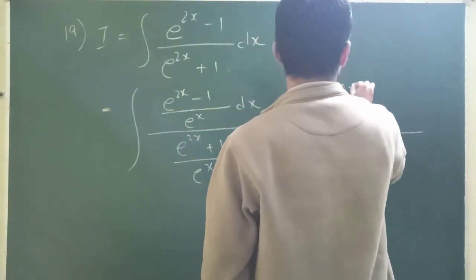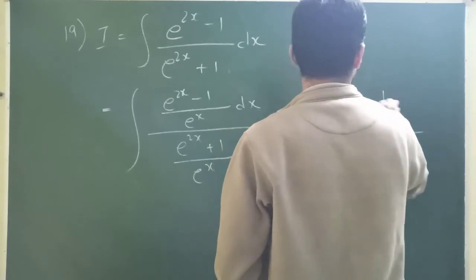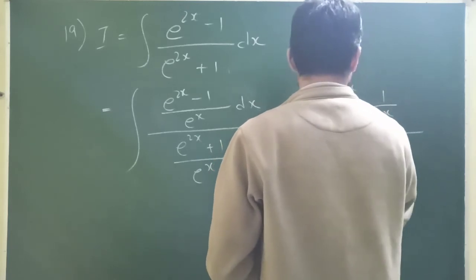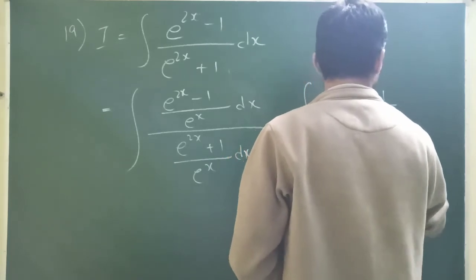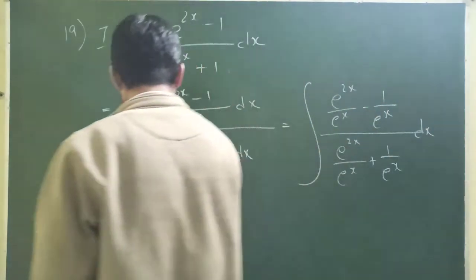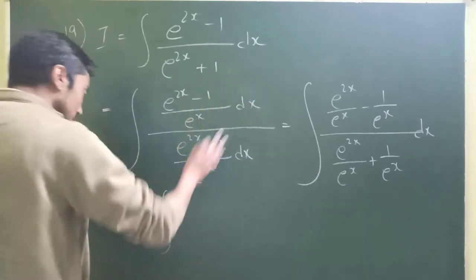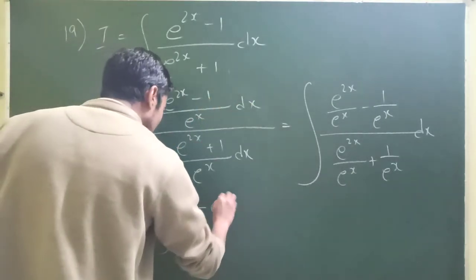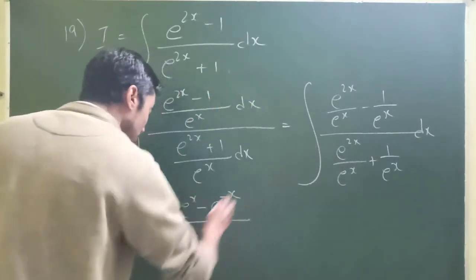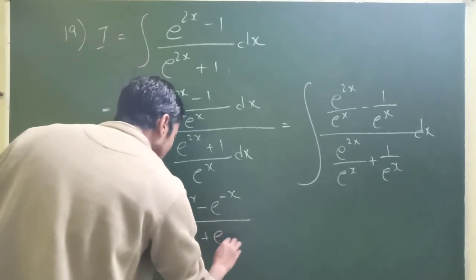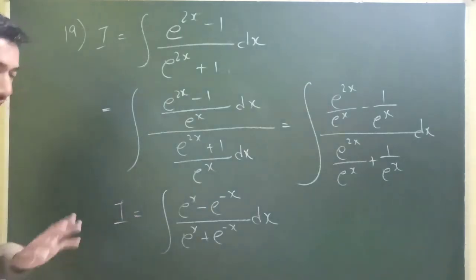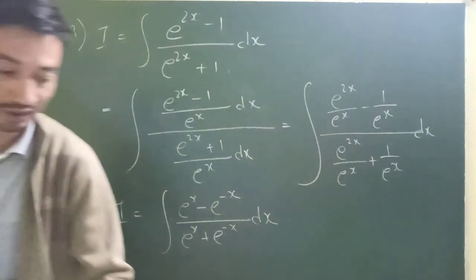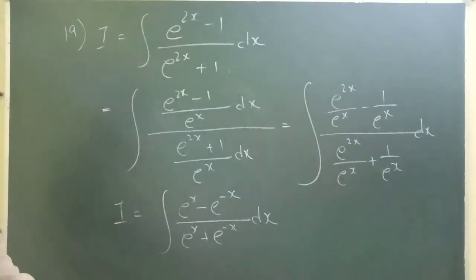So e power 2x by e power x minus 1 by e power x, upon e power 2x by e power x plus 1 by e power x, with respect to x. So in that case, I'll be left with e power x minus e power minus x upon e power x plus e power minus x with respect to x. So that's my I. As of now, I haven't substituted yet. Substitution part, it will come now only though.